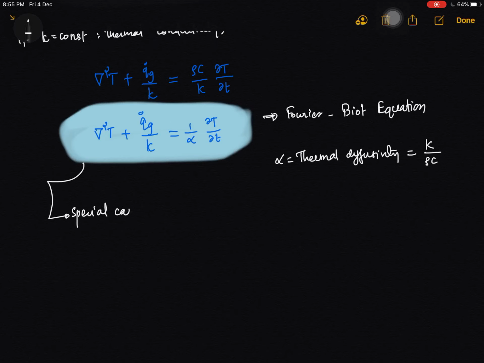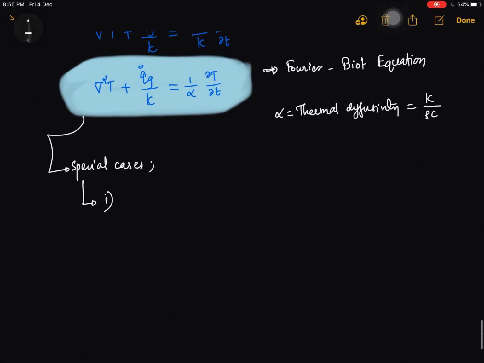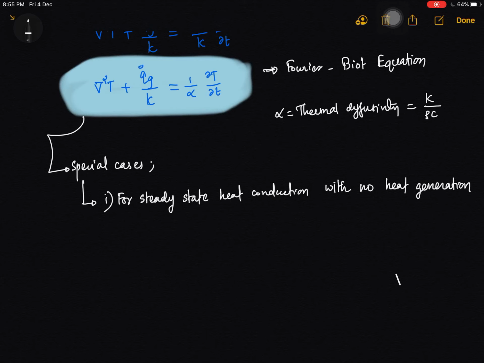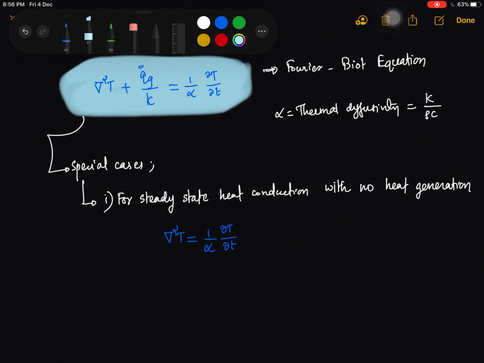The first one is for steady state heat conduction with no heat generation, and this equation can be written as del square T equal to 1 by alpha dou T by dou t.